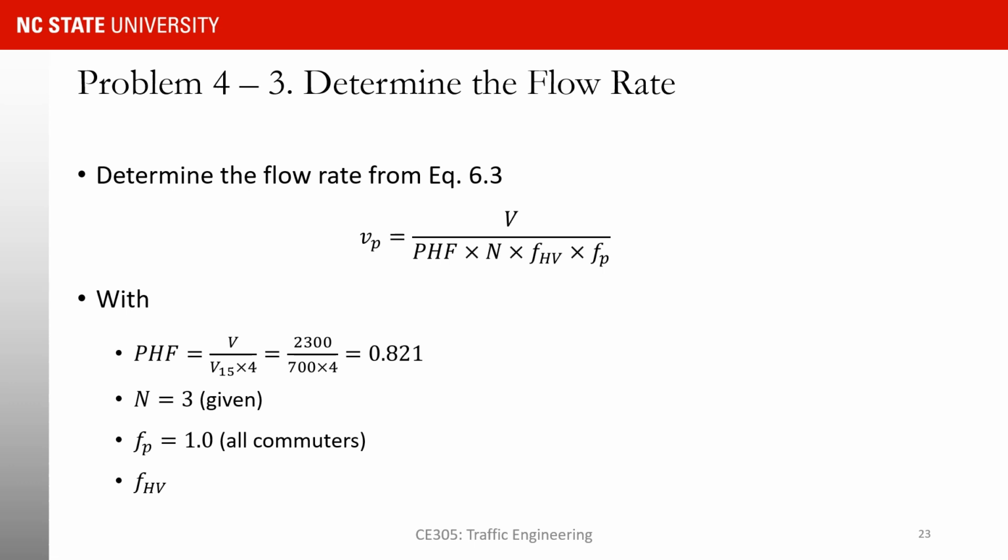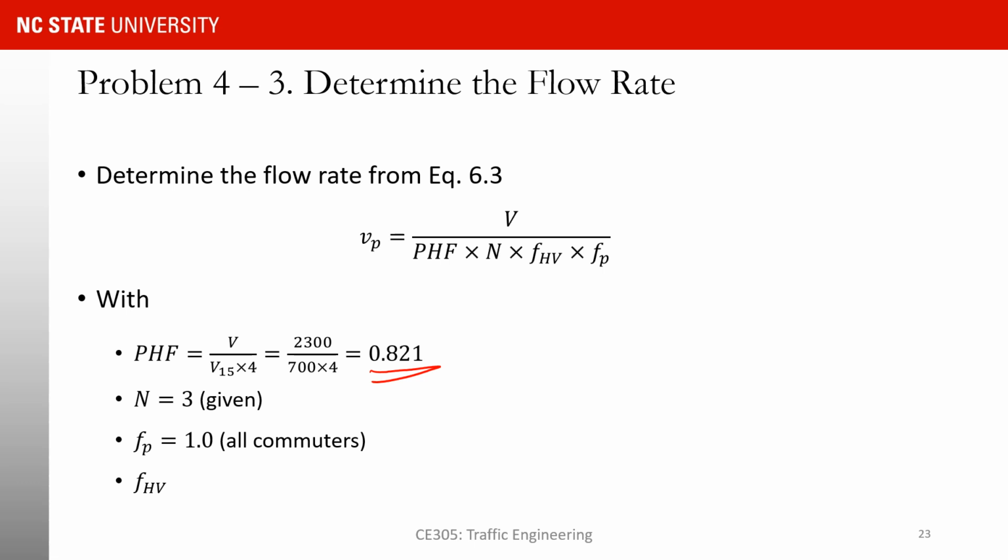Our hourly volume is 2300 vehicles per hour. 700 vehicles were seen during the 15-minute with the highest volume. So if you do the math, your peak hour factor is going to be 0.821. Number of lanes is 3. F sub P is 1.